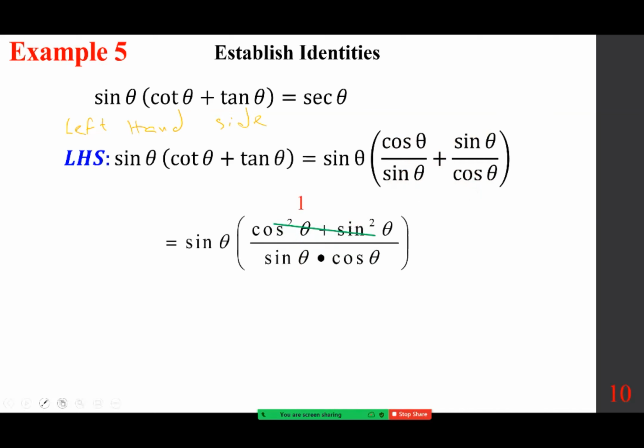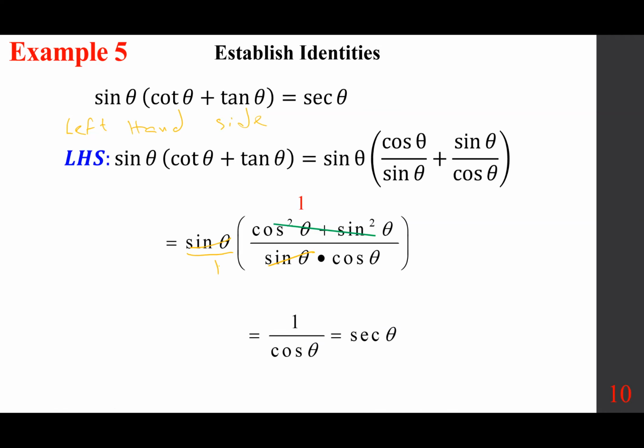And we can drop sine theta. Remember, this is like sine theta over 1. Sine theta from the top, sine theta from the bottom. So you get 1 over cosine theta, which is secant theta.